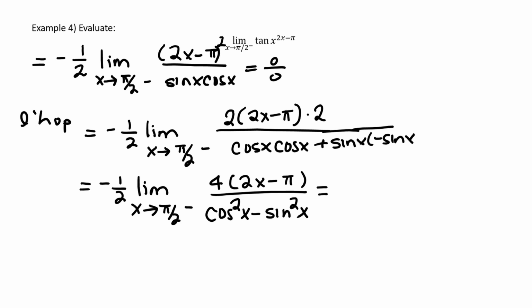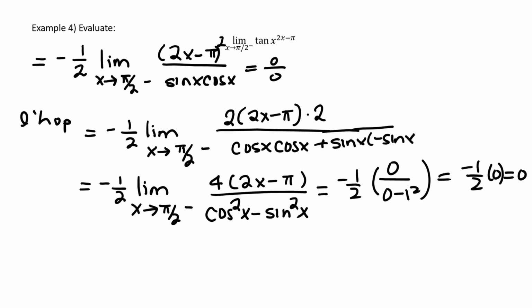So let's not forget the 1/2, and if you have pi over 2, 2 times pi over 2 is going to give you pi. Pi minus pi is 0, so you've got 0 over, and then for cosine squared, we're going to have 0 minus 1 squared. And so that's going to be equal to negative 1/2 times 0, which is 0.